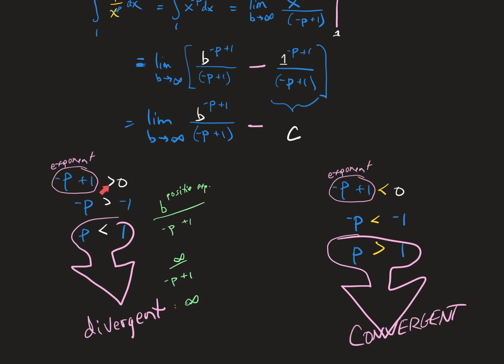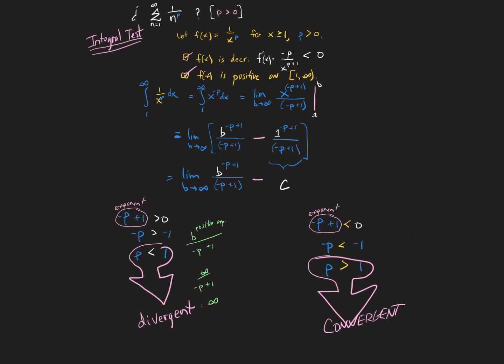When the exponent was bigger than 0, positive, as b approached infinity, this is approaching infinity over negative p plus 1. That gives us a divergent term. So the definite integral diverges. Remember, we're doing the integral test here. So the definite integral diverges in that case, so our series will diverge.